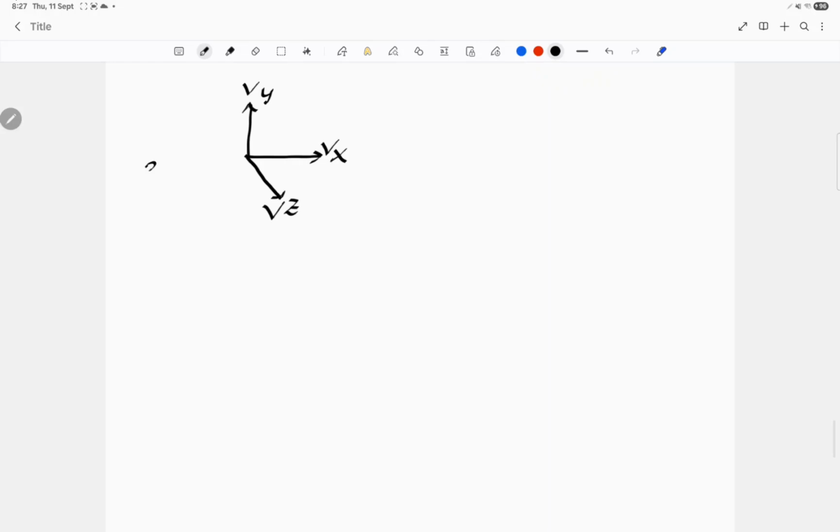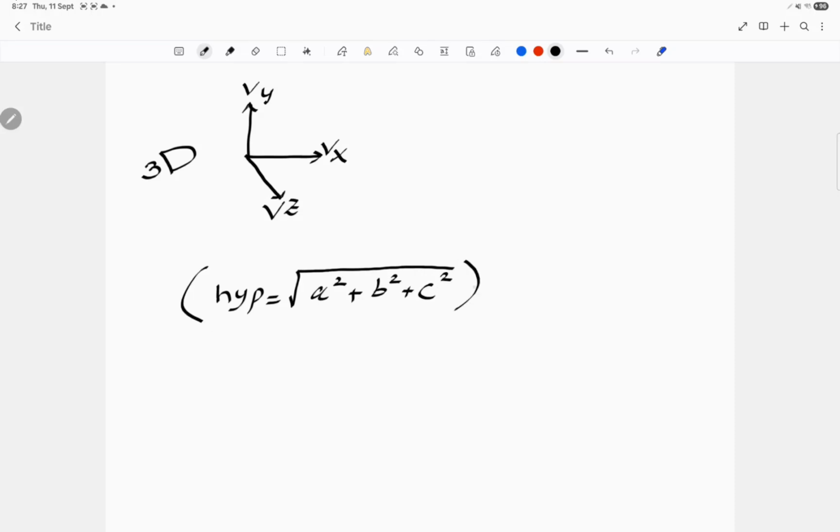Since we're dealing with a three-dimensional shape, we must be dealing with something called the super Pythagorean theorem, which would say that the hypotenuse is equal to the first side squared plus the second side squared plus the third side squared. Right now, if you square everything here, you will get hypotenuse squared is equal to a squared plus b squared plus c squared.